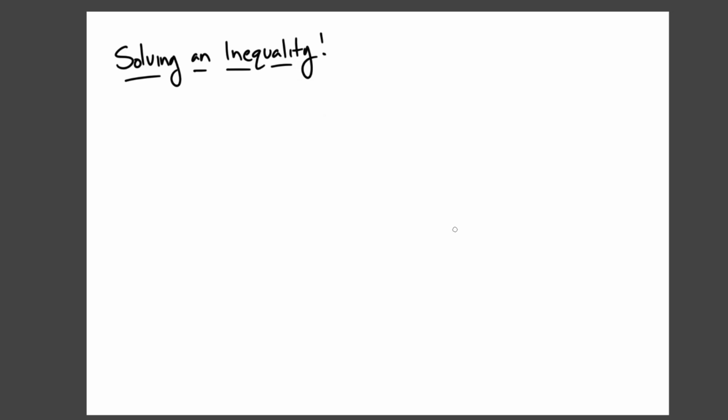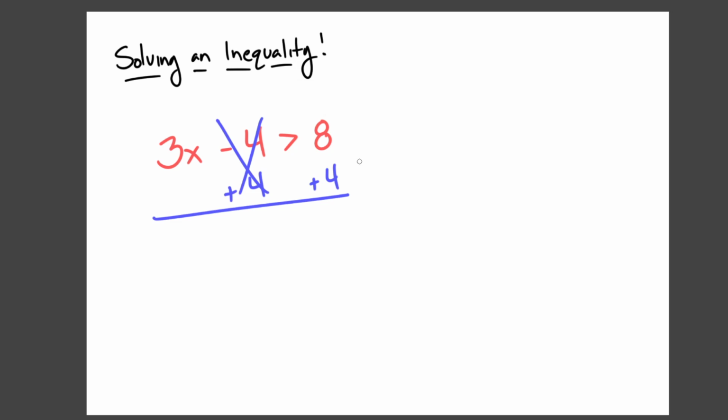So let's take a look at another example. Once again, we're going to make this one look a little bit more fancy. This one is 3x minus 4 is greater than 8. Once again, I'm trying to isolate the x variable, so my first step is to add 4 to both sides. That's going to cause these two to cancel out. 3x just comes straight down, still greater than, and then we have 8 plus 4, which gives me 12.